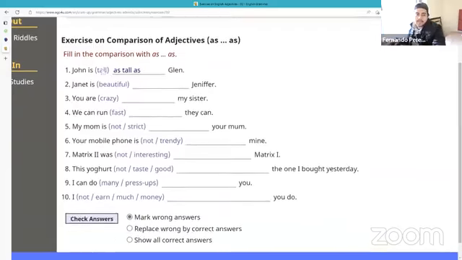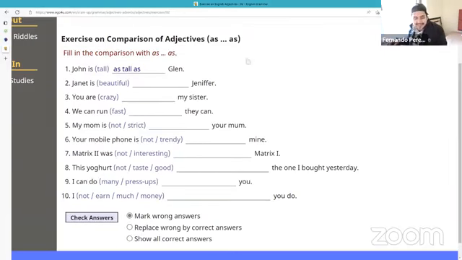Okay? Compare, equalize, and check the position of your words. Okay? We have the example here. John is tall. And of course, Glenn is tall the same way. So John is as tall as Glenn. Right? Number 2, go.